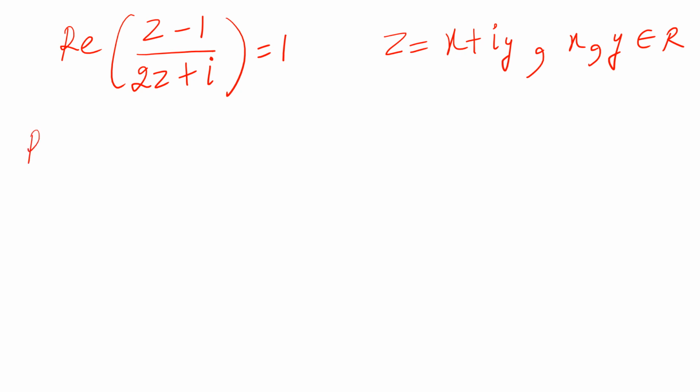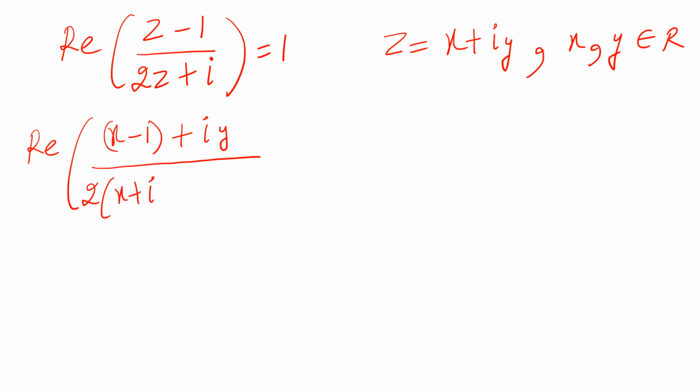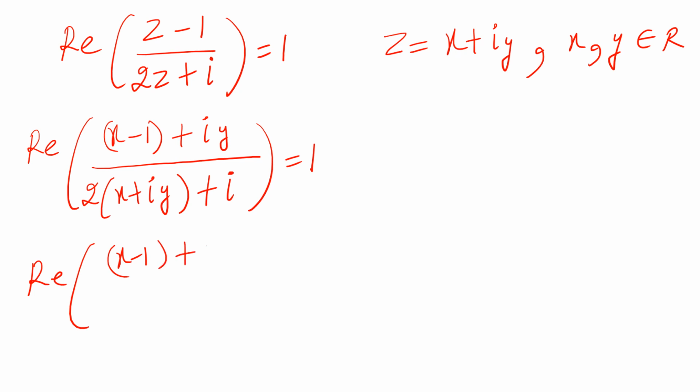Now students, we get real part of (x minus 1 plus iota y) divided upon 2 times (x plus iota y) plus iota equal to 1. Now just simplify it. It becomes real part of (x minus 1 plus iota y) divided upon 2x plus iota times inside the bracket (2y plus 1).